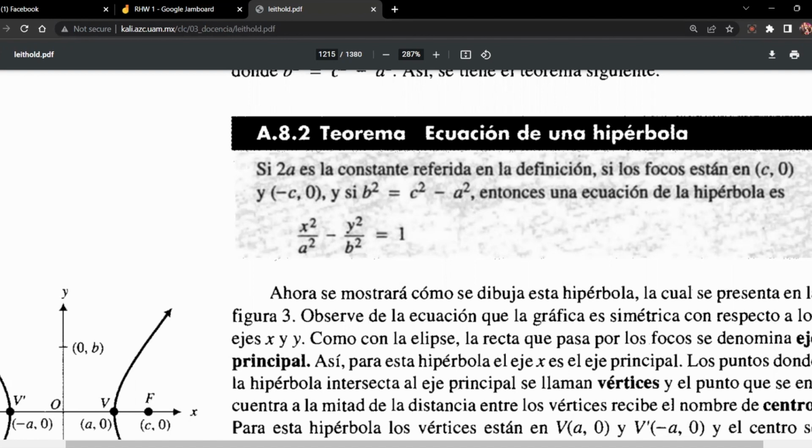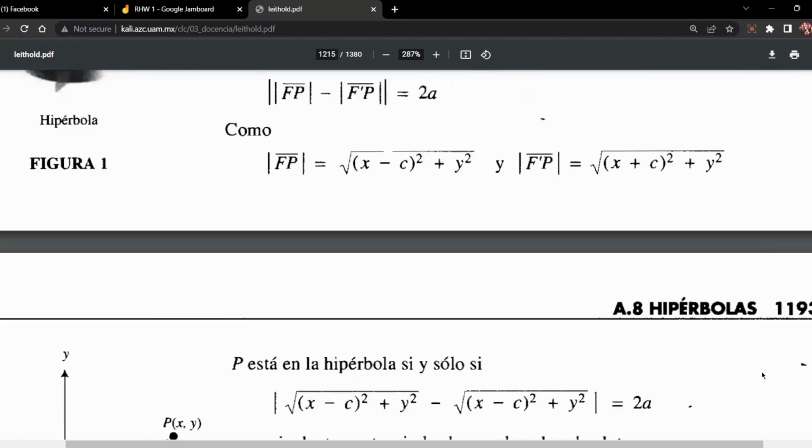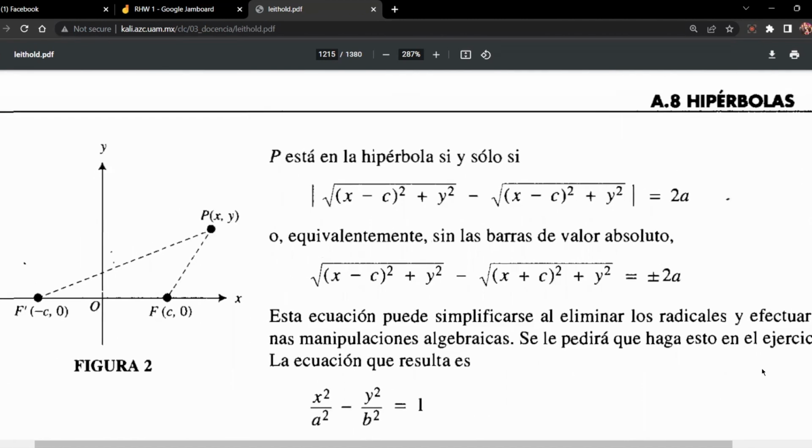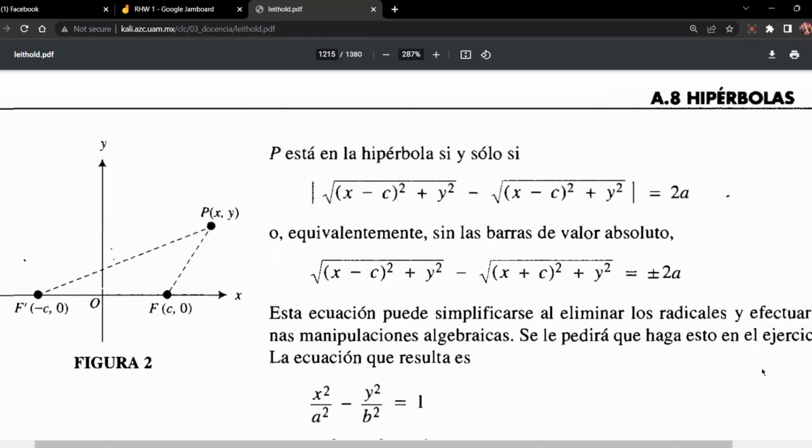So, tingnan mo yung setup niya. So, meron tayong dalawang foci. Tingnan mo yung figure 2. So, yung absolute value in differences is going to be equal to a constant.